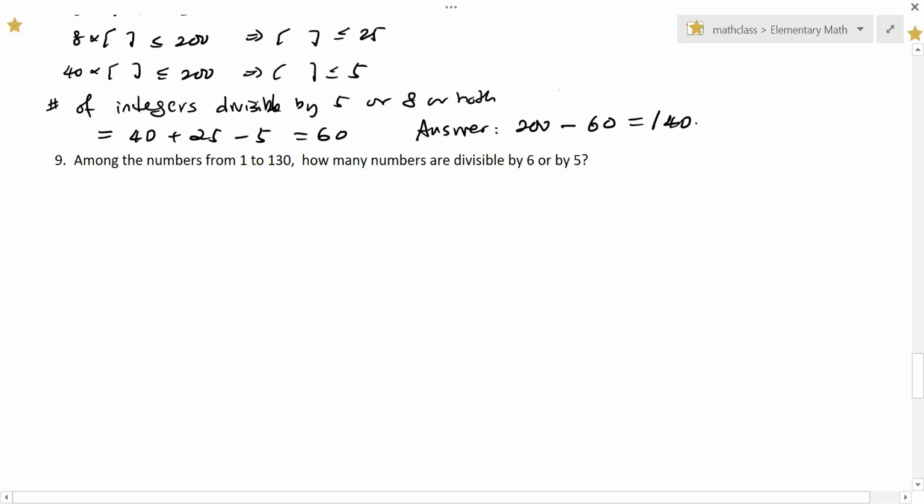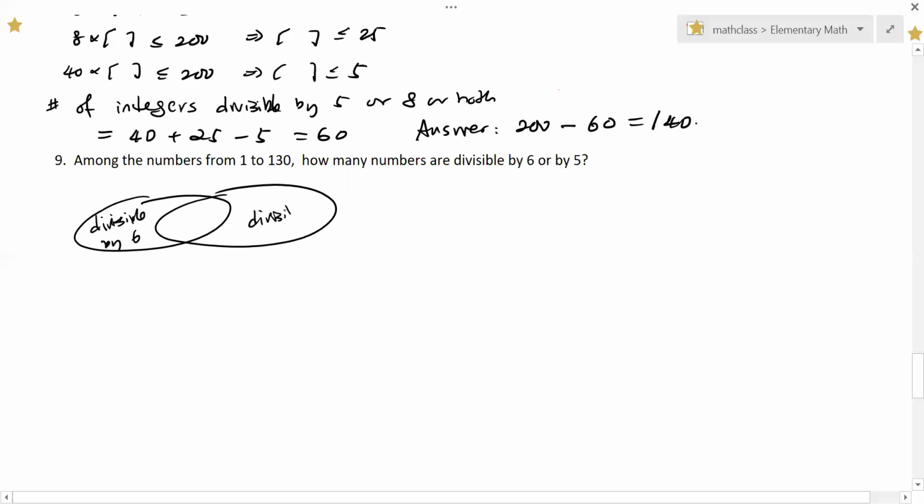Okay. So just look at this 2 step. So this side divisible by 6, and this side divisible by 5. Okay. And let's do the calculation.